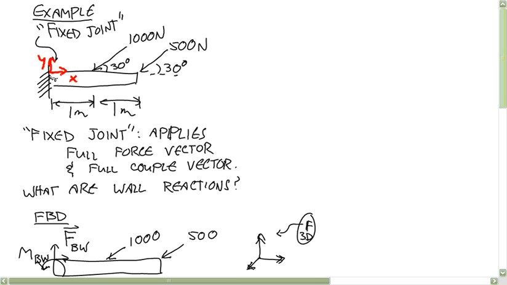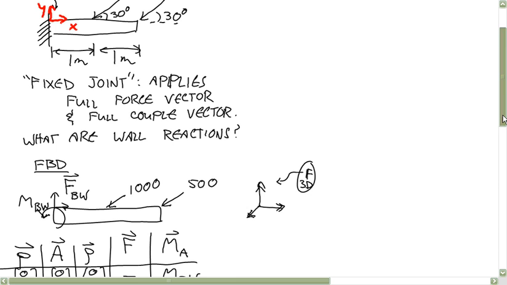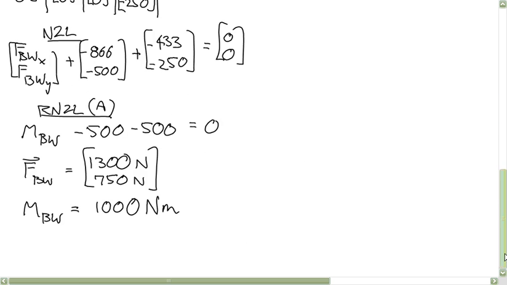So in order to counteract that, there have to be forces to the right and up. So that makes sense, right? And then look at the couple that's applied. Both of these, you can imagine, would tend to rotate this body this way, right? Which would be a negative moment component. So to counteract that, we need to apply a positive moment, a counterclockwise moment. And that's what we have. Positive couple applied by the wall.